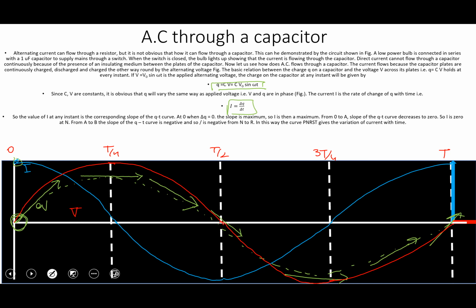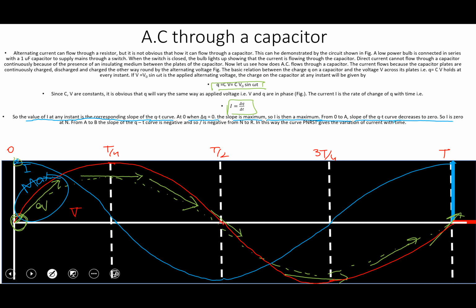And so the value of I at any instant corresponds to the slope of the Q-T curve. That means the slope was representing the value of I. At 0, when delta Q was equal to 0, slope has its maximum. Right over here, slope was maximum, so the current was also maximum. So I was maximum from O to A, and the slope of the Q-T curve decreased to 0.